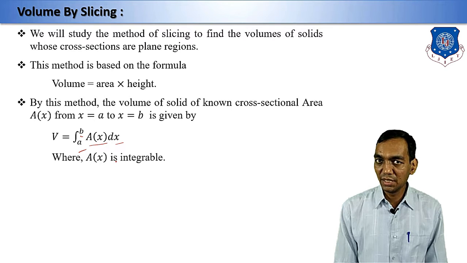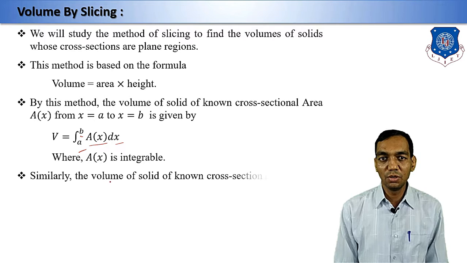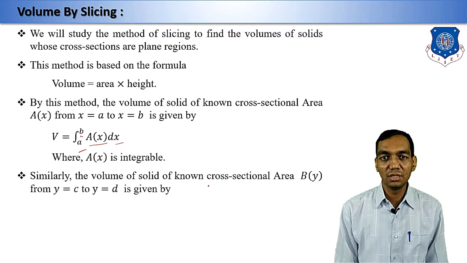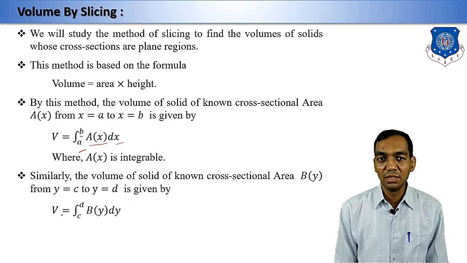Now A(x) must be integrable, then only you can find the volume. Similarly, if the volume of the solid has known cross-sectional area A(y) from y equals c to y equals d, it is given by volume V equals the integration from c to d of A(y) dy.